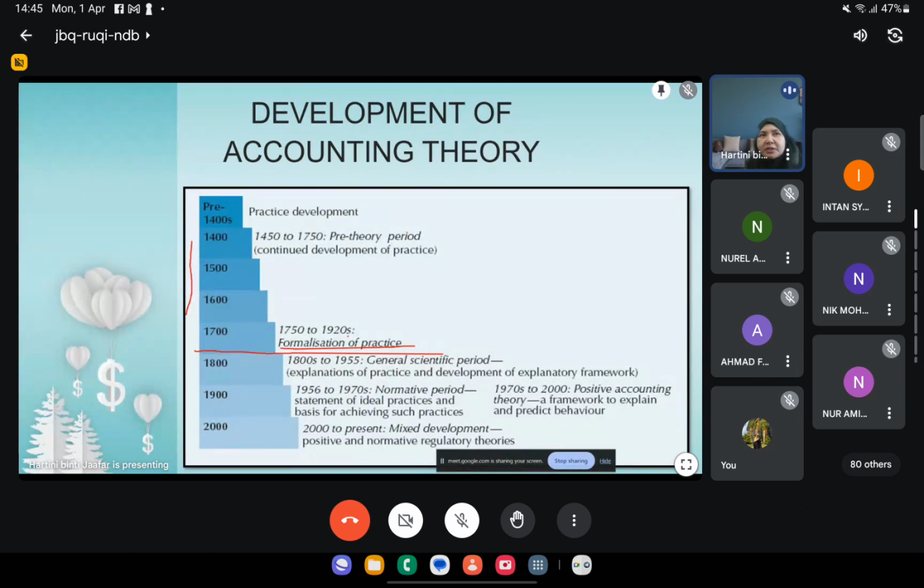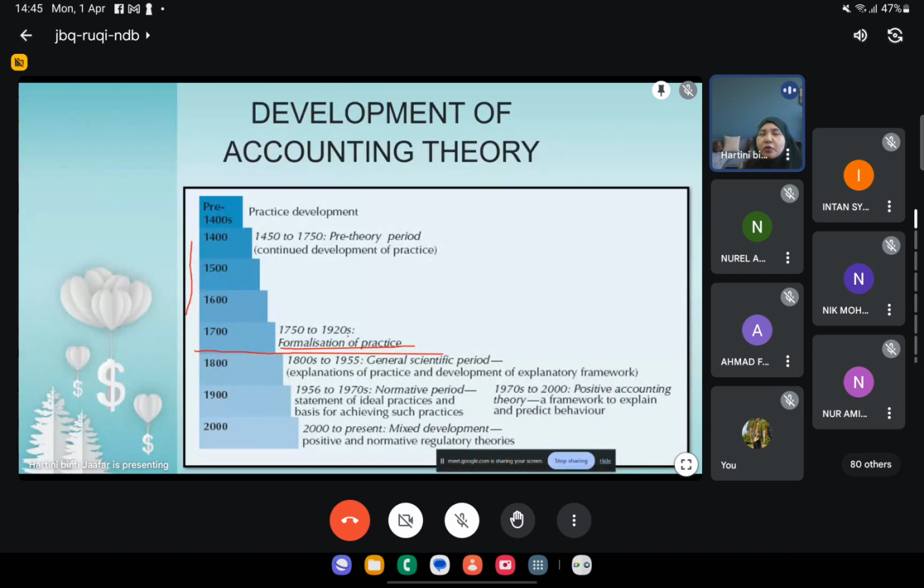So this is the period where accounting has just been recognized as a field of study. Because of the industrial revolution and whatnot, like what we have learned in chapter 1, they were just trying to establish accounting as a profession.